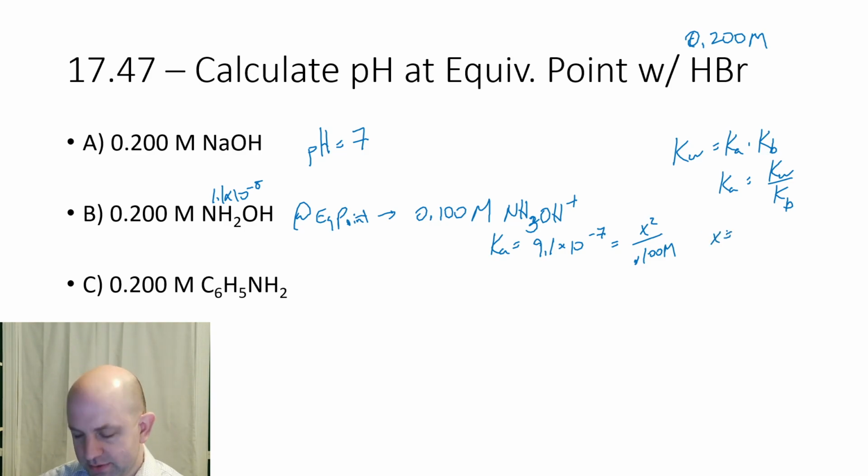That means x is going to equal the square root of 9.1 times 10 to the negative 7th times 0.1. x is 3.0 times 10 to the negative 4th. Take the negative log of that. The pH is going to equal 3.52.